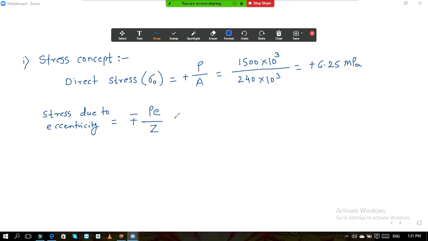So minus plus PE by Z, which is equal to minus plus 1500 into 10 to the power 3 into E, the eccentricity, 100, divided by Z, which is 24 into 10 raised to 6. So solve it, you will get the value. It is again 6.25. Is it right?